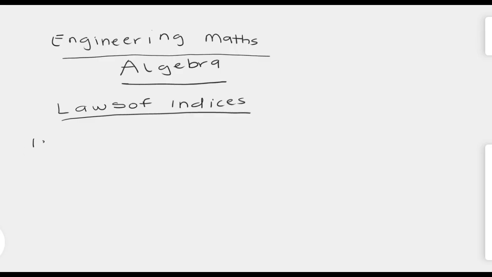Number one, an index. You can either call it an index or you can call it an exponent, or you can call it a power. So what is an index?